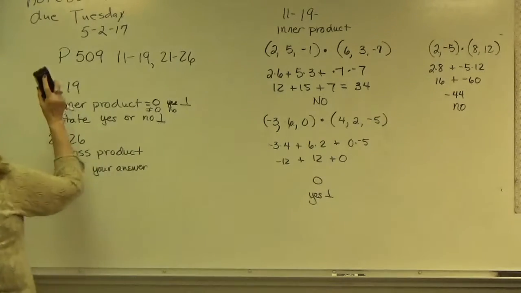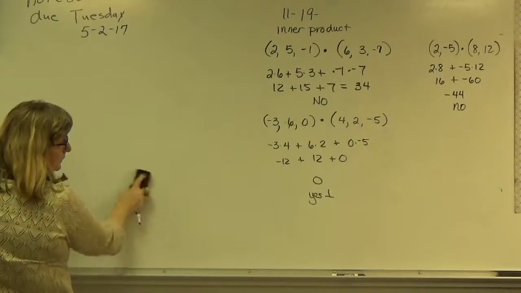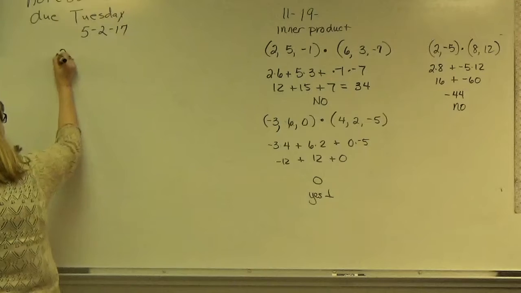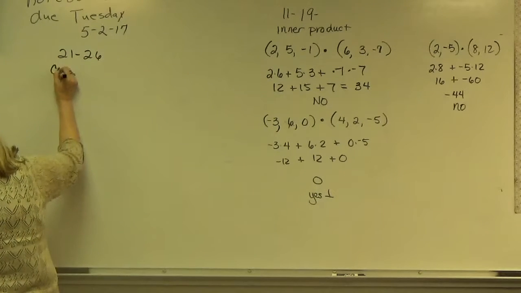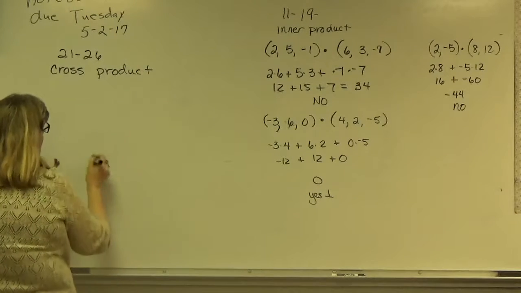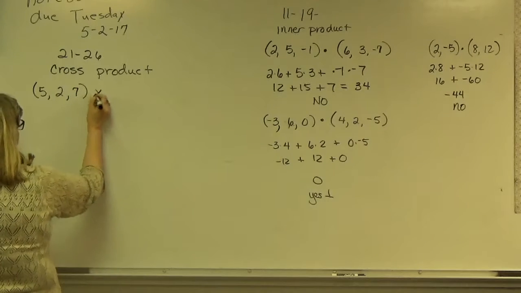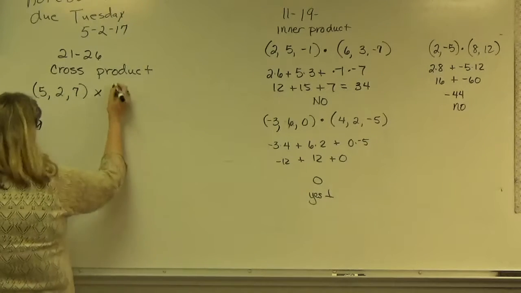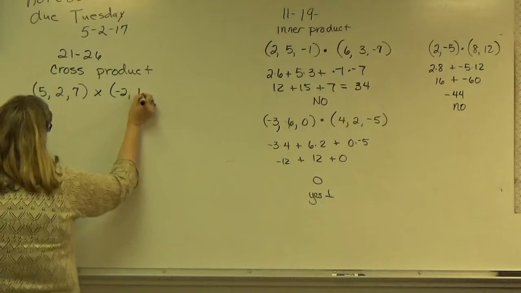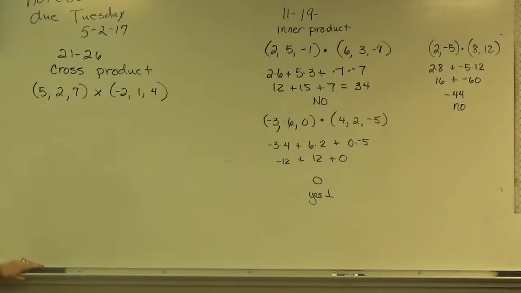Okay, now cross products. Everybody got this, so we're ready for the next section, which is 21 through 26. Now, cross product is three-dimensional, and the symbol that's in between is an X. To do a cross product, remember where we've been writing them as the sum of unit vectors?